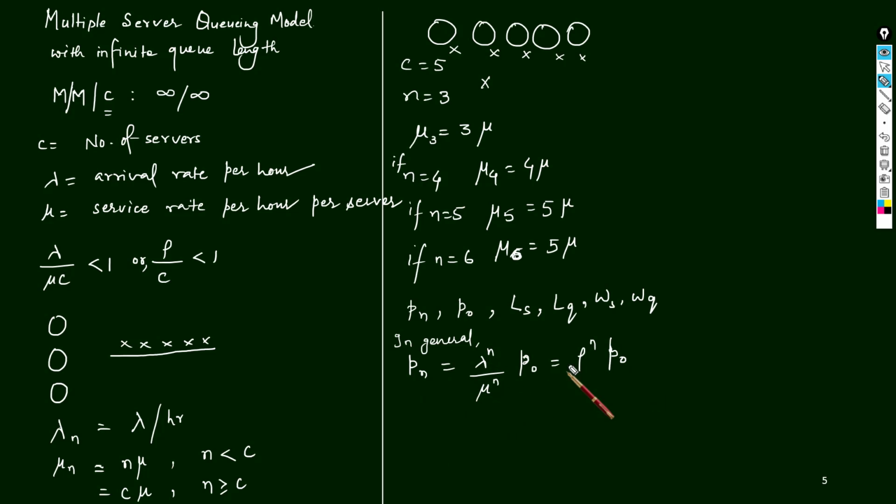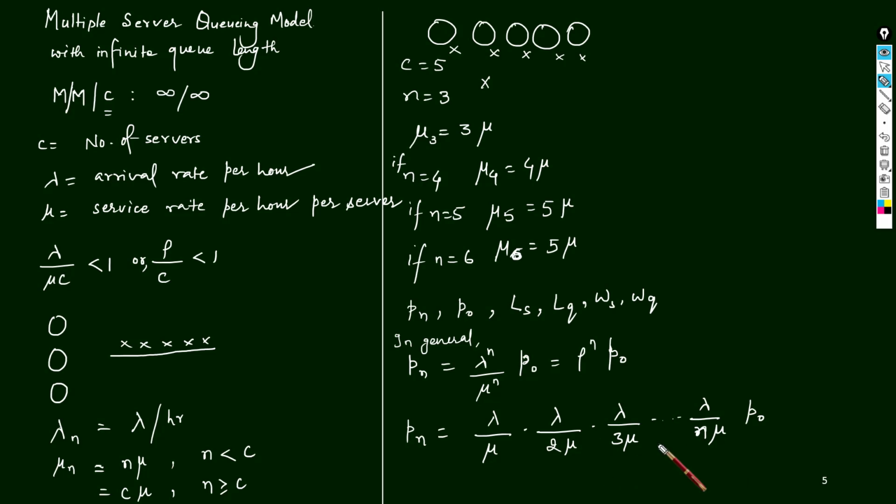But here, since we are using multiple servers, this will change. So Pn can be written as lambda upon mu into lambda upon 2 mu into lambda upon 3 mu, and like this it will go on up to lambda upon n mu, into P0.